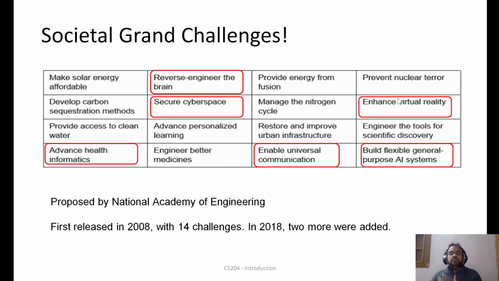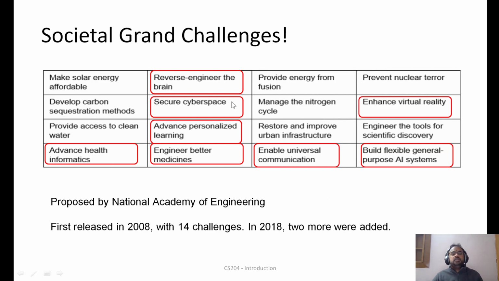This is an application and we can tailor make a hardware for it. And then we have the most relevant aspect, which is advance personalized learning, even if it is in a remote fashion with the way currently we are going. And here we have engineer better medicines with more and more analysis.